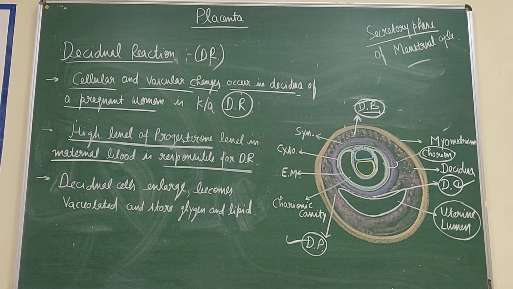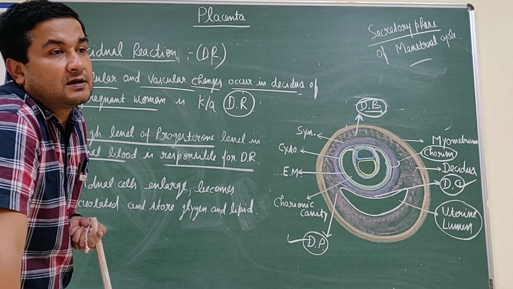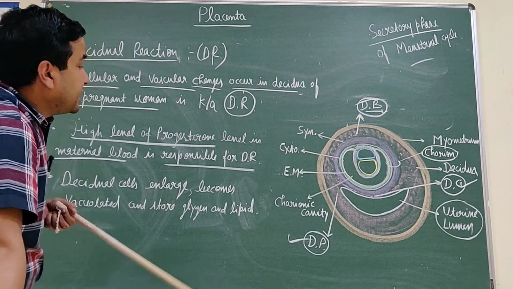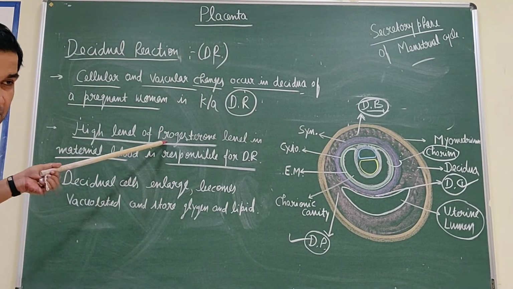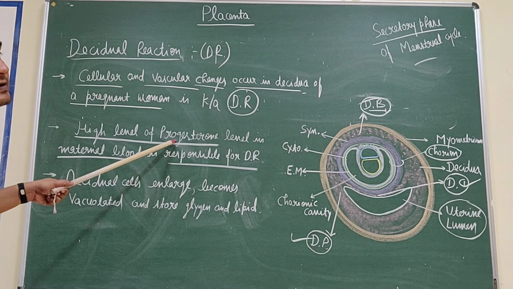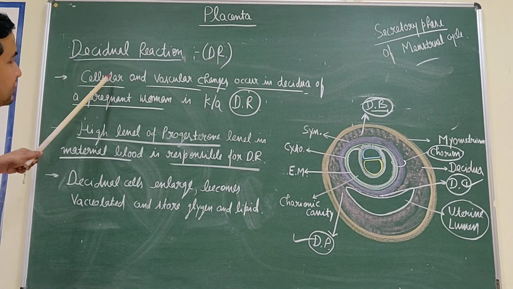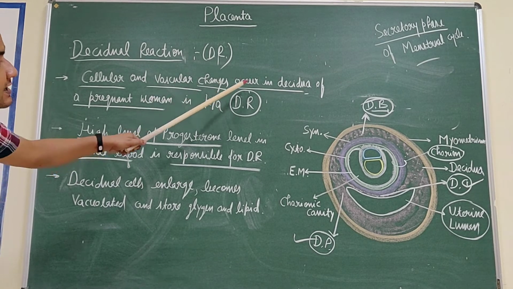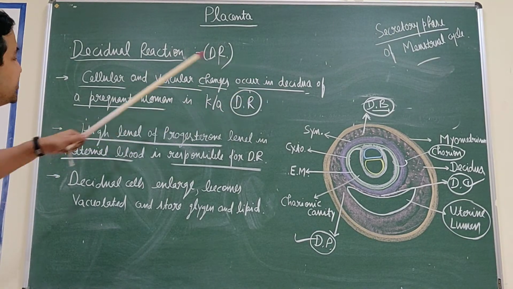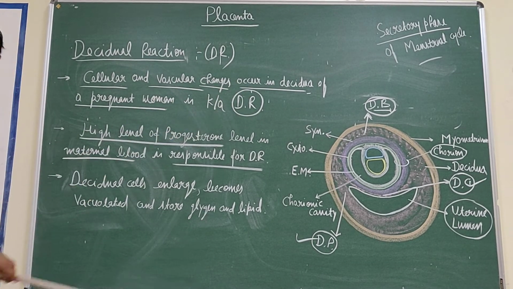In the secretory phase, the hormone that dominates is progesterone. So this progesterone hormone causes these cellular and vascular changes in the endometrium of a pregnant woman, that is the decidua, and this is the decidual reaction.